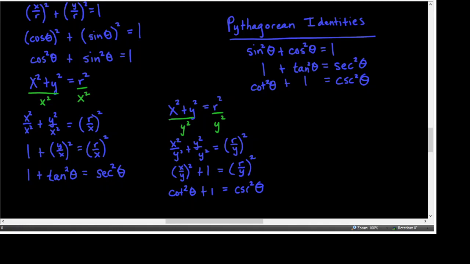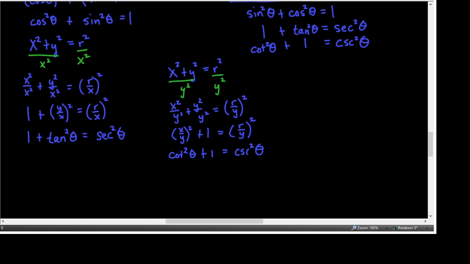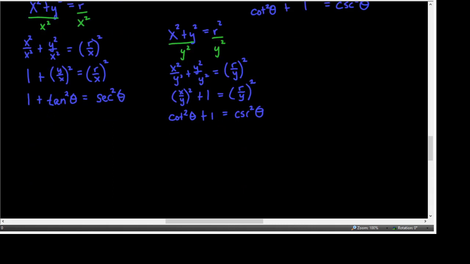All right. So now let's move on to some more identities. What I want to do here is form quotients, ratios of two trig functions, and see what happens. So for example, sine of theta over cosine of theta. I want to investigate what that might be.